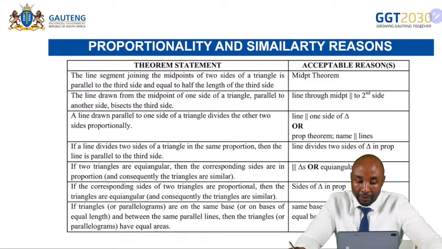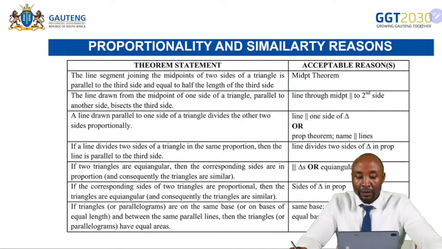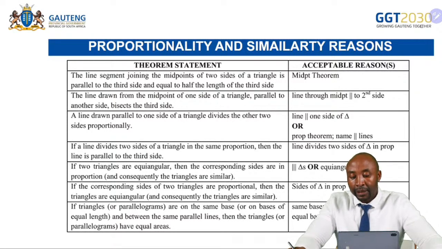The line segment joining the midpoints of two sides of a triangle is parallel to the third side and equals half the length of the third side. We are going to see this one as we move on with the lesson. The line drawn from the midpoint of one side of a triangle parallel to another side bisects the third side. As a reason, we give it as line through midpoint to second, parallel to second side.